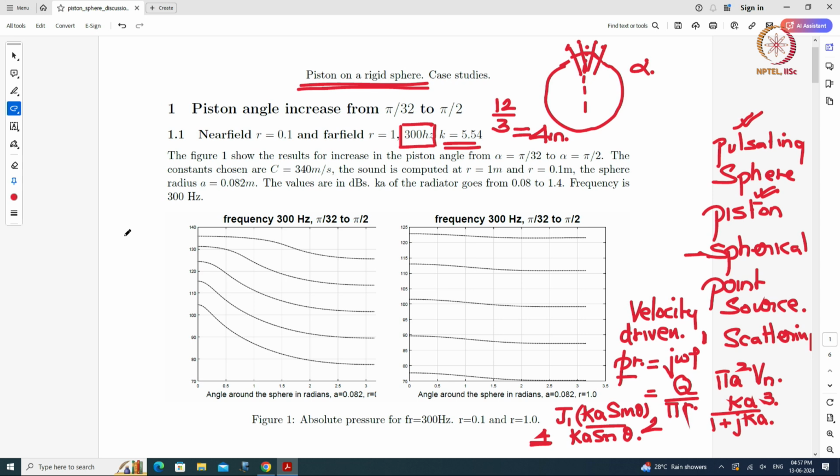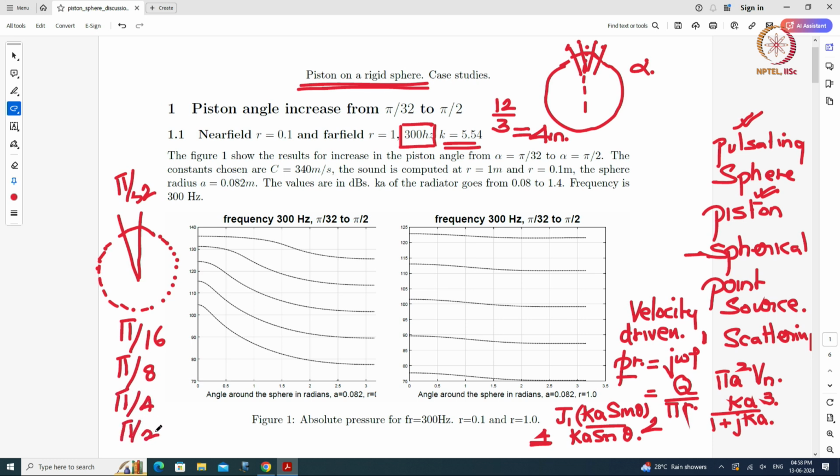And what are we going to do? I have this radiating piston angle over this rigid sphere. Starting with a half angle of pi by 32, I am going to increment it in 5 steps: pi by 16, pi by 8, pi by 4 and pi by 2.